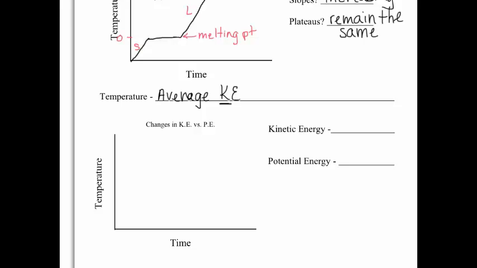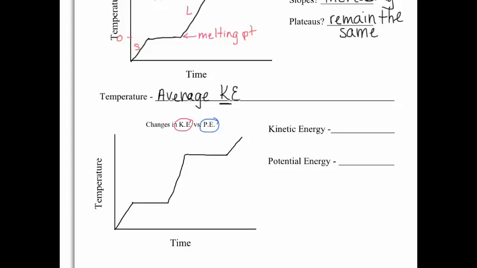Let's draw our phase change diagram again, our heating curve for water. Looks something like this. And we're going to look at what happens to kinetic energy and what happens to potential energy in each line segment here.